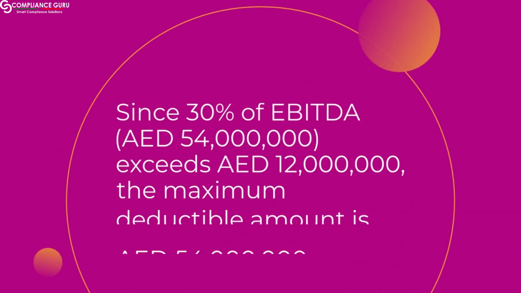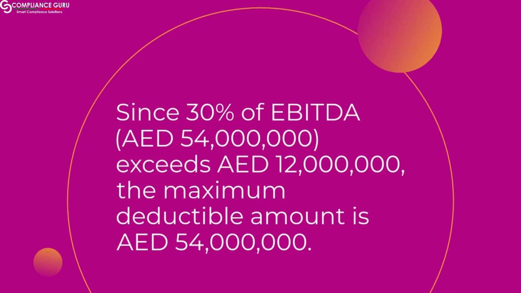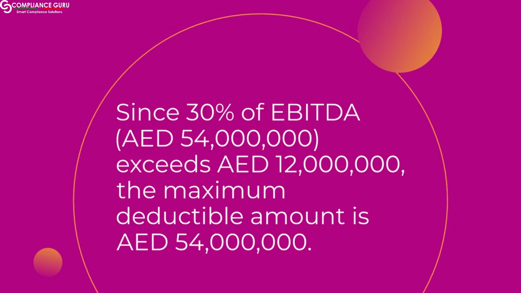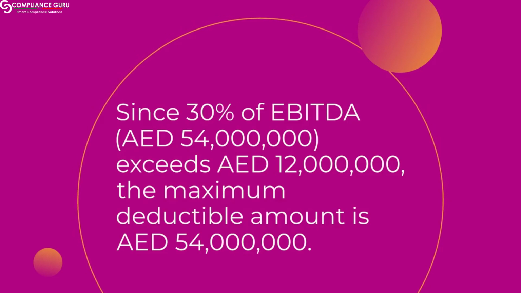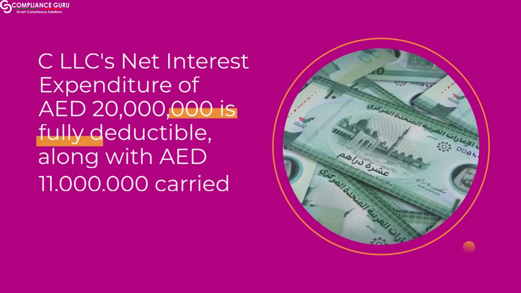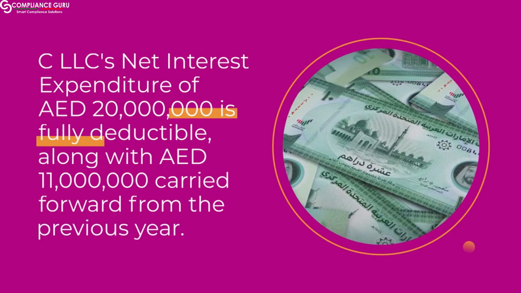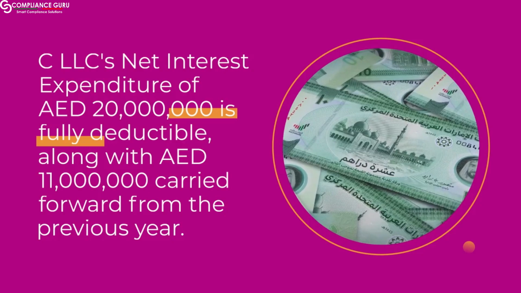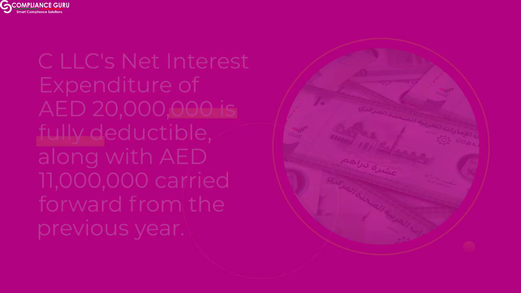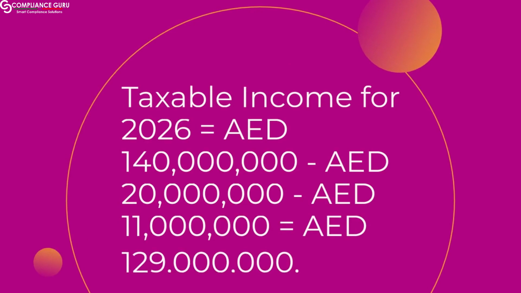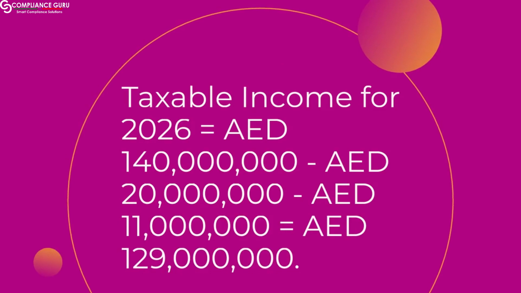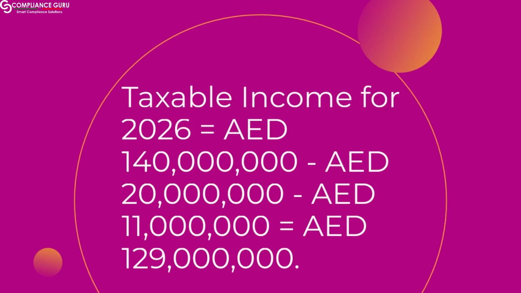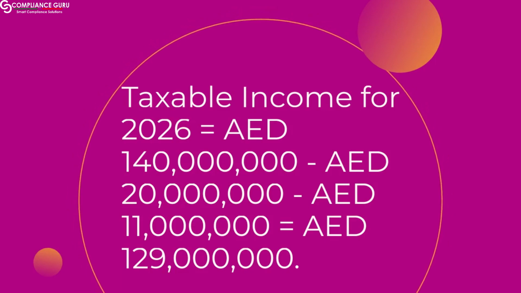Since 30% of EBITDA, AED 54 million, exceeds AED 12 million, the maximum deductible amount is AED 54 million. CLLC's net interest expenditure of AED 20 million is fully deductible, along with AED 11 million carried forward from the previous year. Taxable income for 2026 is equal to AED 140 million minus AED 20 million minus AED 11 million, which equals AED 129 million.